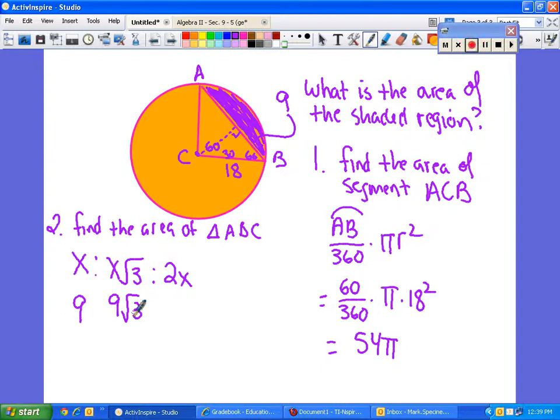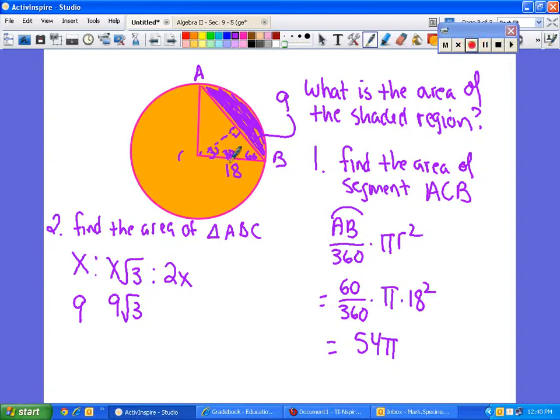Because this is a 60-degree angle, it gets cut into two 30-degree angles. If this is a 90-degree angle and this is a 30-degree angle, this has to be a 60-degree angle because the angles have to add up to 180.